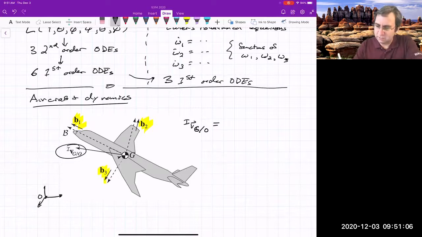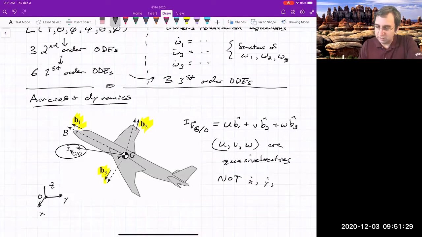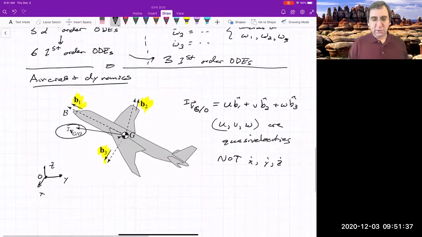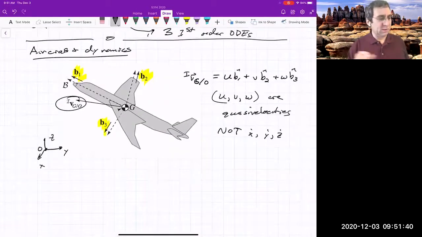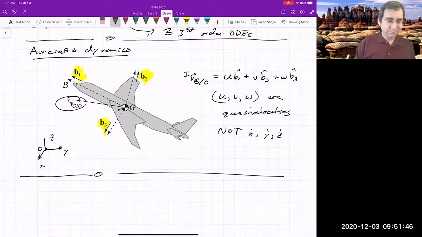And I think it's u b1 plus v b2 plus w b3. And so these u, v, and w are quasi-velocities. They're not the time rate of change of, if this was x, y, and z, they're not x dot, y dot, z dot, but it is more convenient for doing aircraft dynamics. And I'm guessing in a junior level aircraft dynamics class, they don't say, oh, these are quasi-velocities. It's part of a more general theory, but it is. Okay.